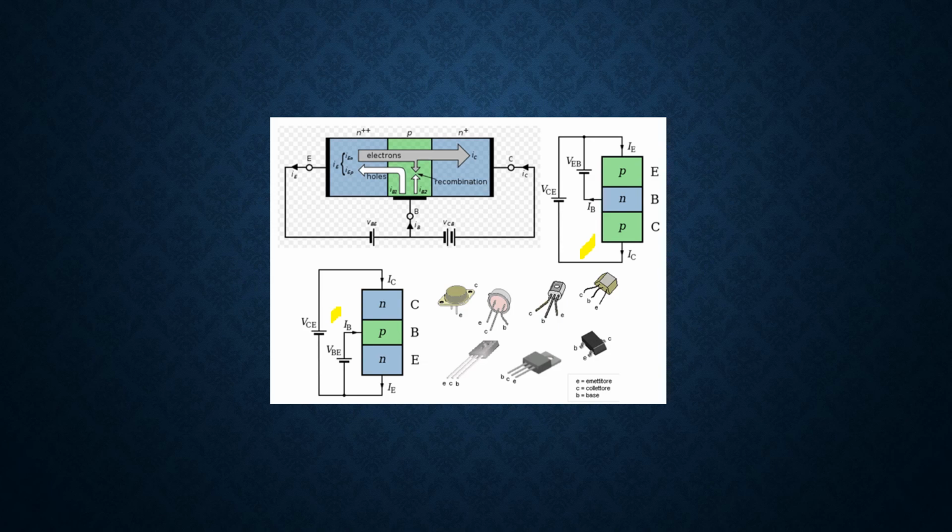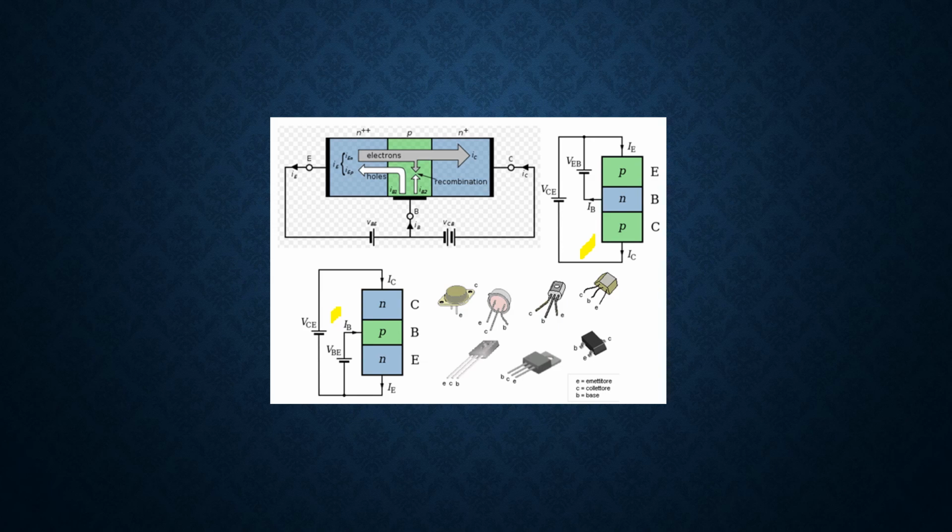In both these transistors, you can see that the emitter is connected with the base and it is forward biased, and this circuit, that is your emitter collector circuit, is reverse biased.